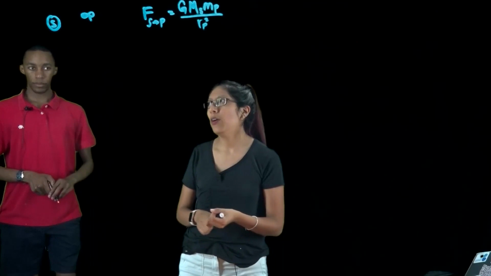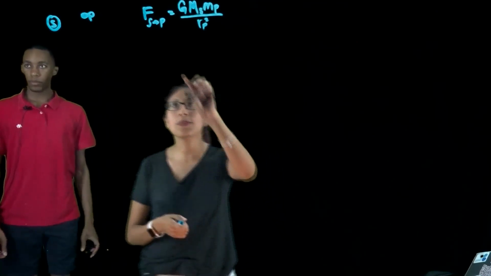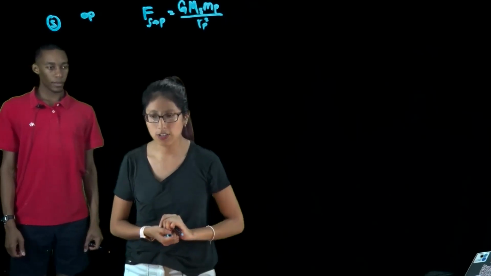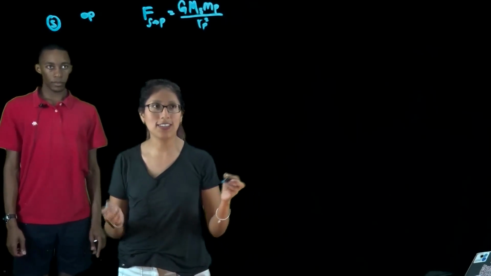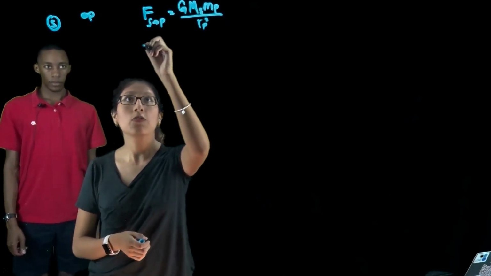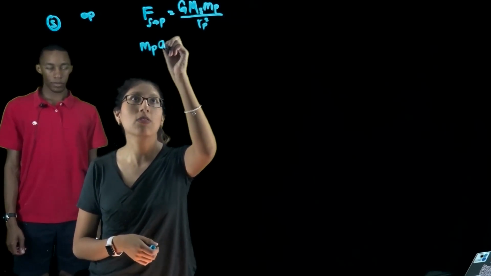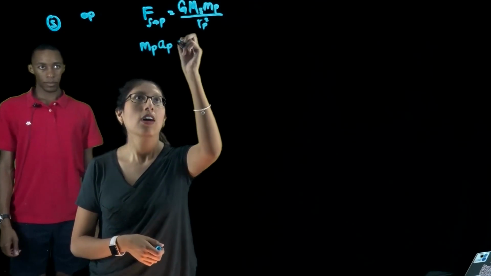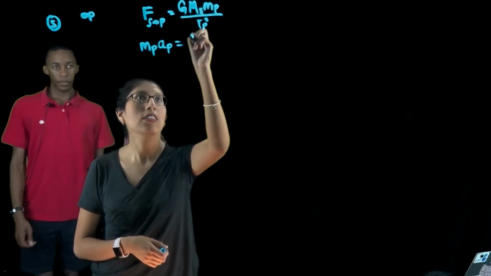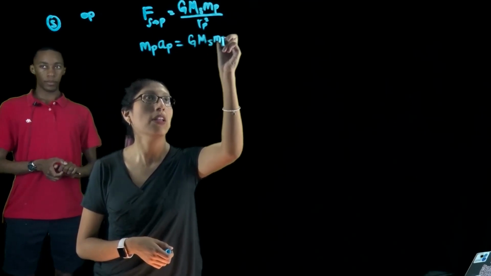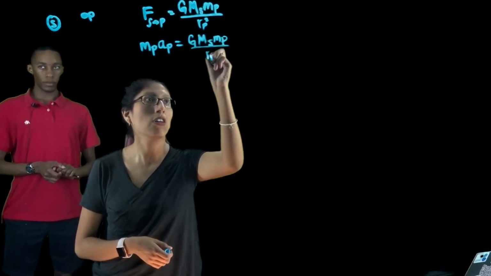Now we can substitute the force of the sun on the planet with Newton's second law, which is F equal to ma. If we replace this with mass of the planet times the acceleration of the planet, it's going to equal, again, G m sun m planet over r planet squared.